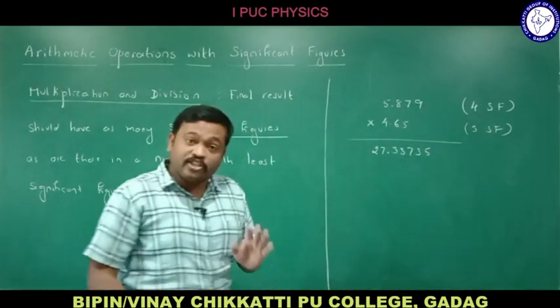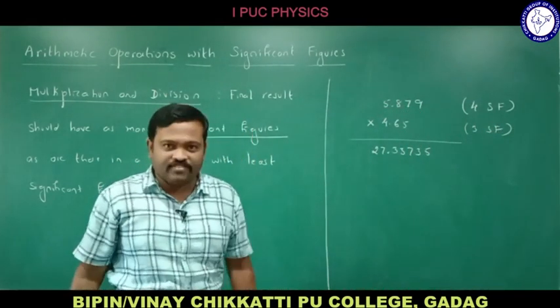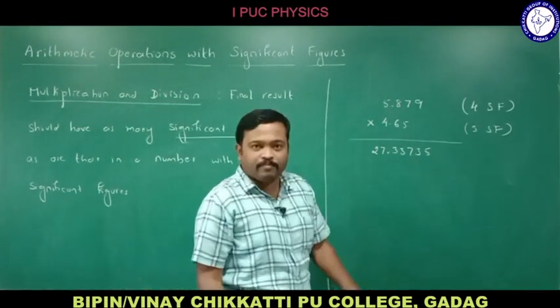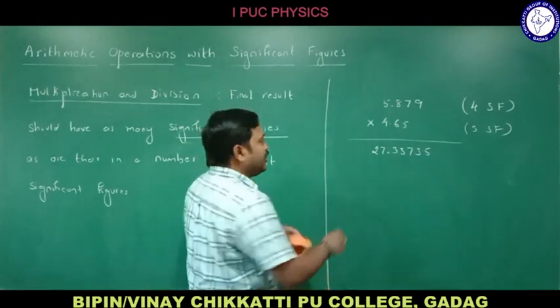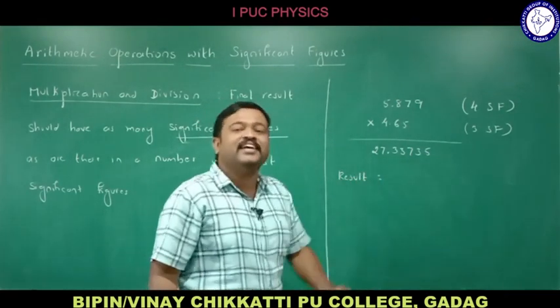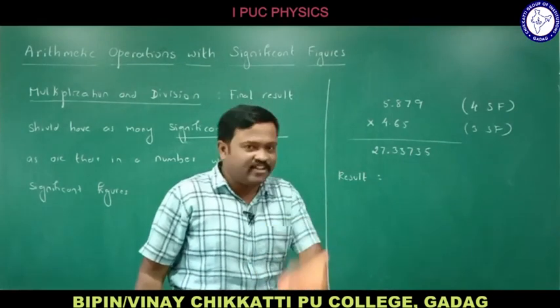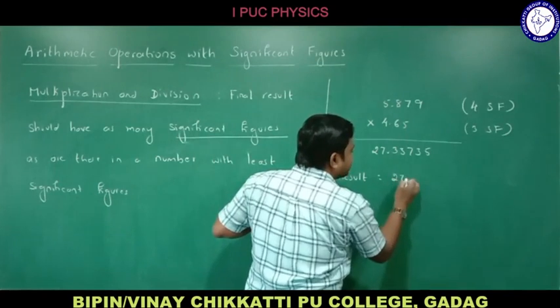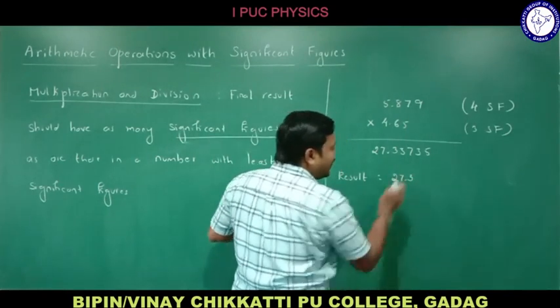So the answer should have 3 significant figures. But you got 1, 2, 3, 4, 5, 6, 7. We need to reduce it to 3 significant figures. You need to write the result in such a way that it has only 3 significant figures, so I need to stop here: 27 point. I will be stopping at 3.